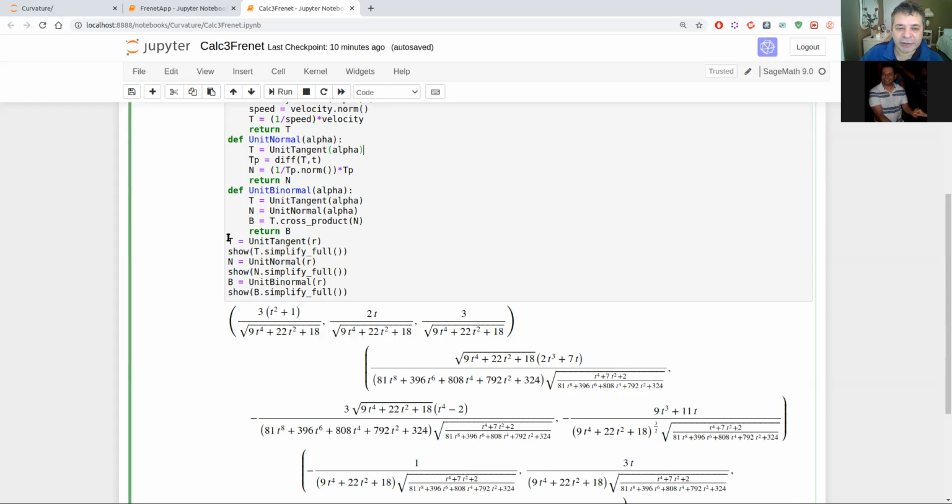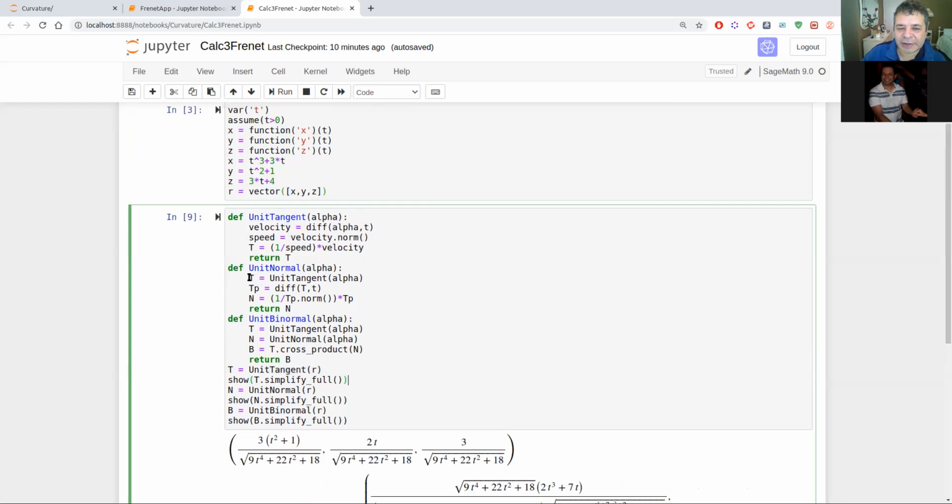So when I took the unit tangent here, look what it gave me. Basically, that's exactly what I said it was, right? I mean, it expanded out that denominator, but okay. Here, this is the show function, which is what makes it look nice, okay? And simplified, there are ways to simplify better than this. That's for another time, okay?